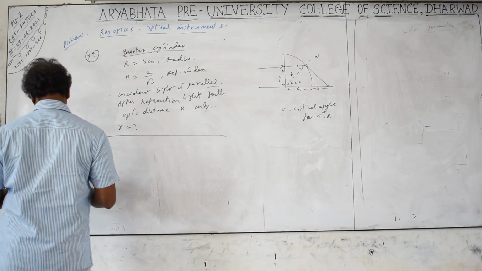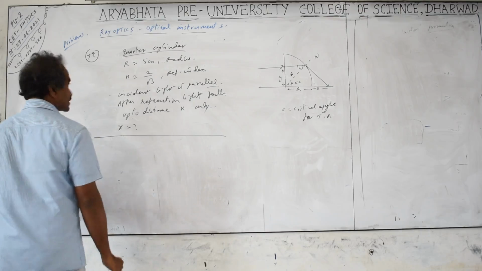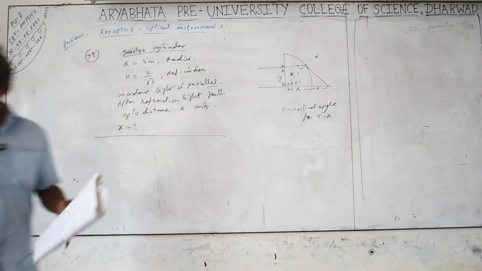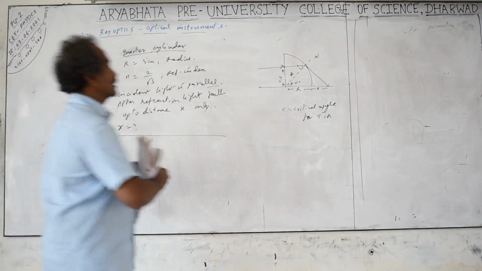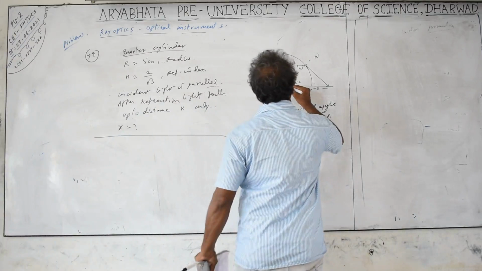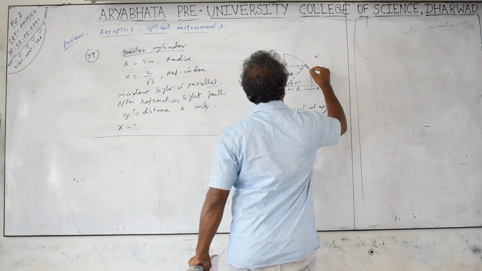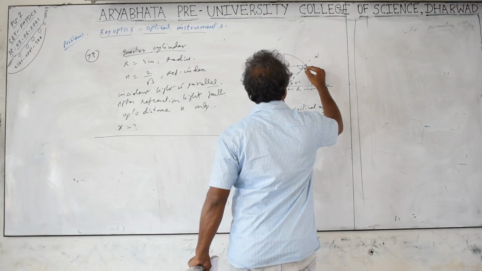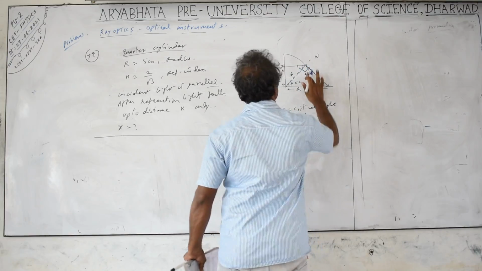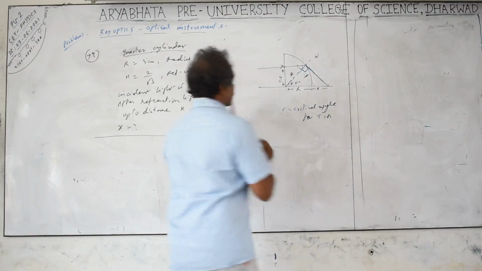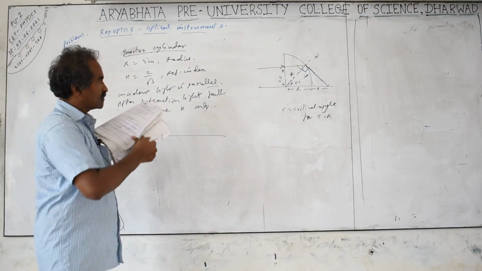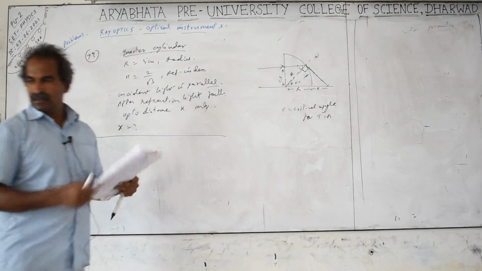You are asked to find the value of x. So this part is a right triangle. You can see this is going to be 90 degrees.